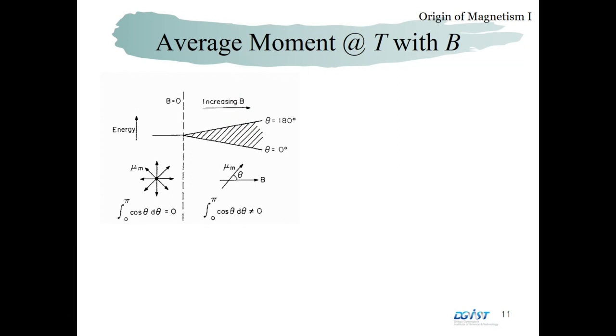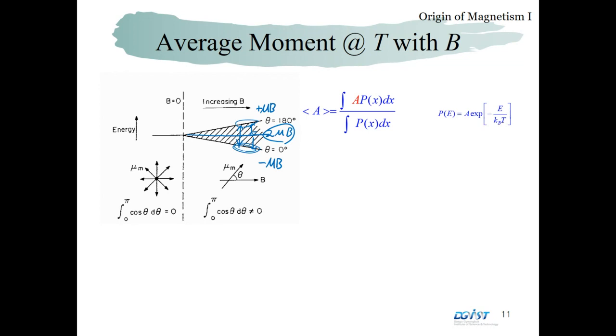The gap is nothing else but 2 mu B, because the energies are plus mu B and minus mu B, so the total gap is 2 mu B. So at lower energy there is more population, and at higher energy there is less population.